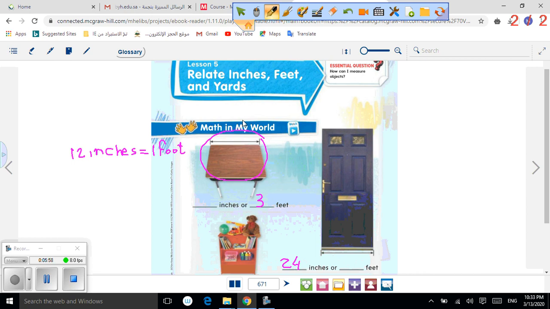So I want to count 3 feet, not 1 foot. But I know that 1 foot is 12 inches. So 3 feet will be 12 plus 12 plus 12, which equals, yes, 36. So 3 feet equals 36 inches, and 36 inches equals 3 feet.